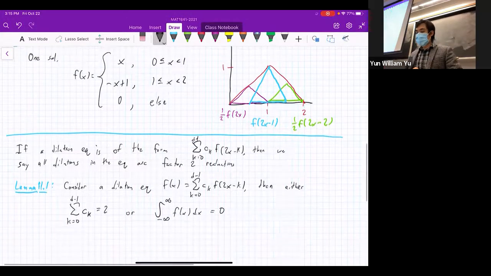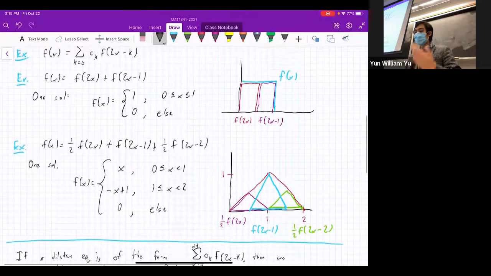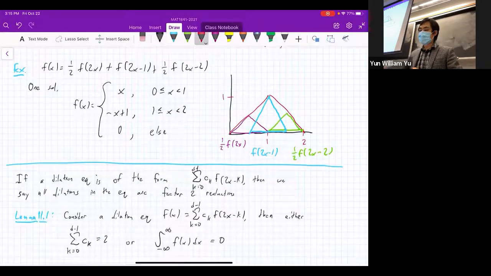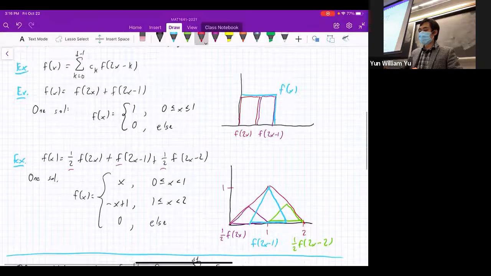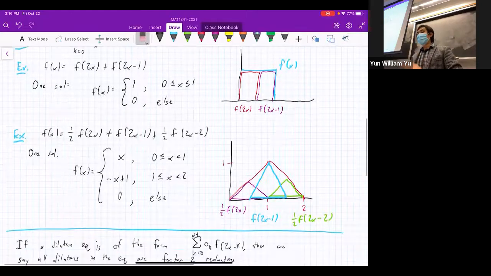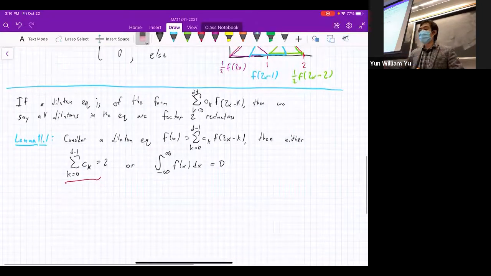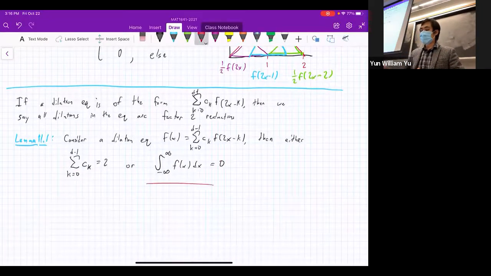If you look at the two examples we had earlier, both of them happen to satisfy this condition, where the coefficients, in this case 1/2, 1, and 1/2, add up to 2, or in this case 1 plus 1 is equal to 2. But you do have non-trivial solutions that match either of these. So you can have both of these generate non-trivial dilation equations that are of interest. So let's go ahead and prove this.